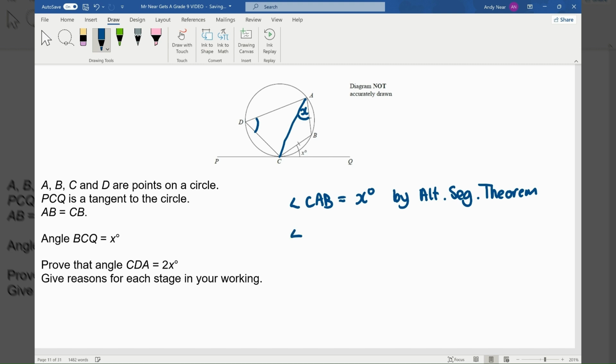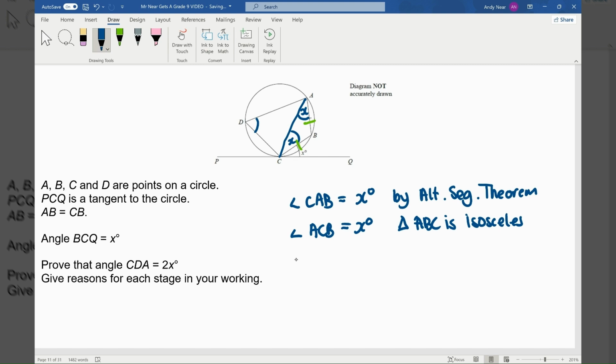Then angle ACB is also x degrees because triangle ABC is isosceles. And so this angle in here will be x degrees because they're opposite the two sides that are marked the same length. I've gone over those here. Those are the two sides that are the same length.